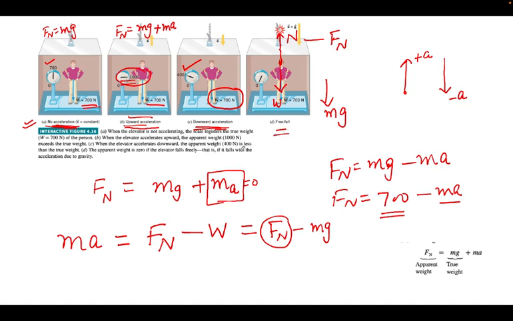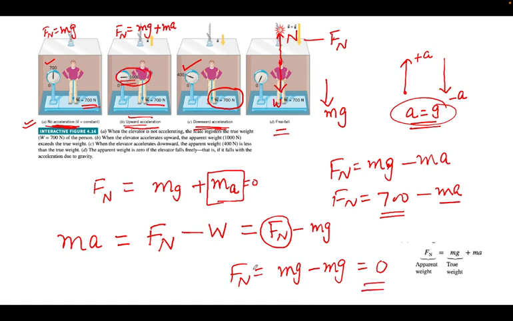In the free fall case, the lift is moving with an acceleration equal to the acceleration due to gravity. So in that case, the value of a is equal to g. Therefore the total normal reaction force will be equal to m(g - a). Since a in a free fall is equal to g, the total normal reaction will be equal to 0.